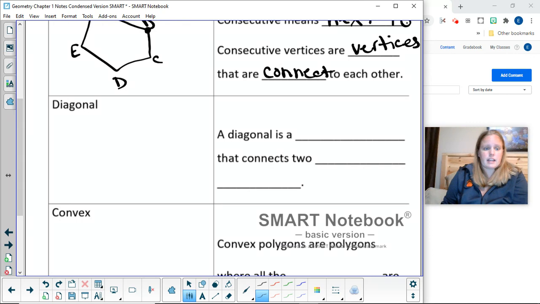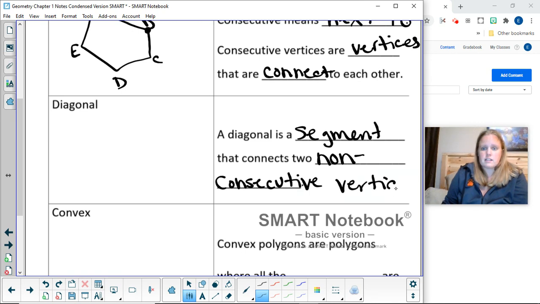All right, a diagonal is a segment. So that means it's got a start and a stop. That connects two non-consecutive vertices. So if consecutive means next to each other, non-consecutive means they're not next to each other.